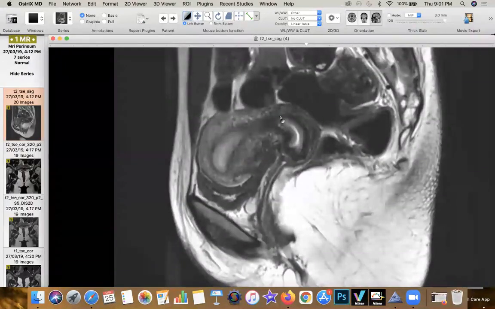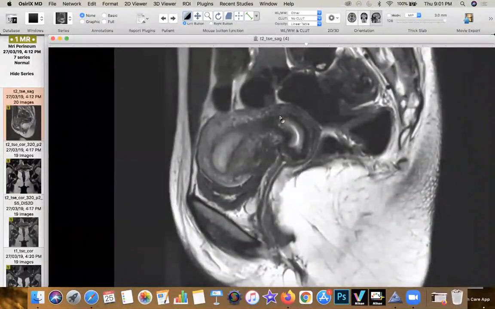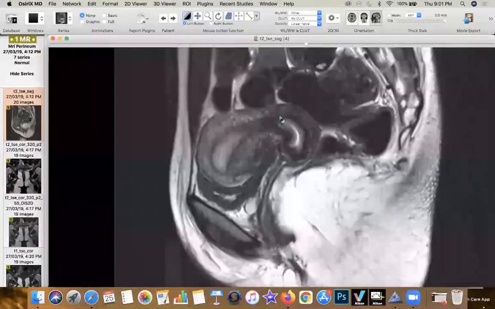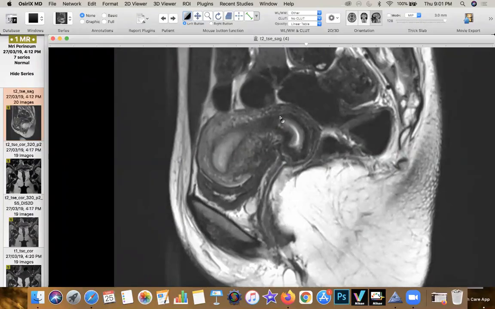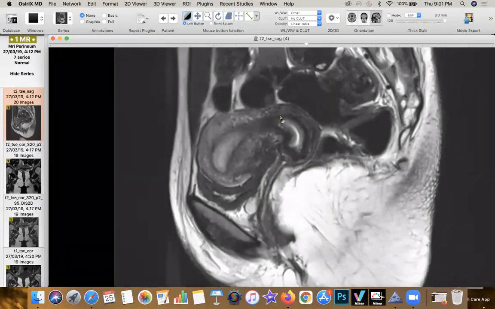Not just the pelvic peritoneal spaces, they can also go into the abdominal peritoneal spaces, the abdominal subperitoneal spaces, and even extraperitoneally into the retroperitoneum or even into the anterior or the posterior abdominal wall.